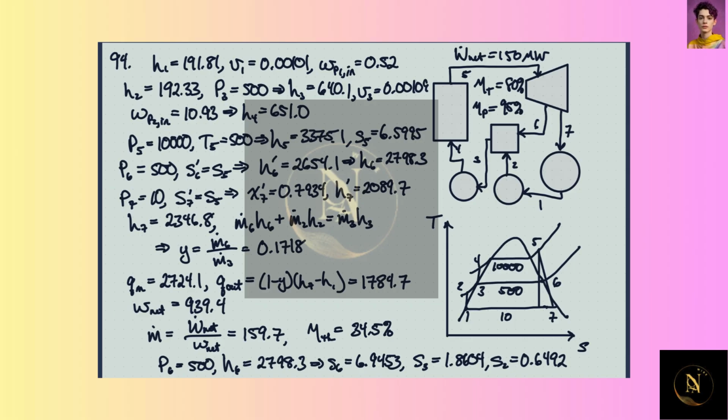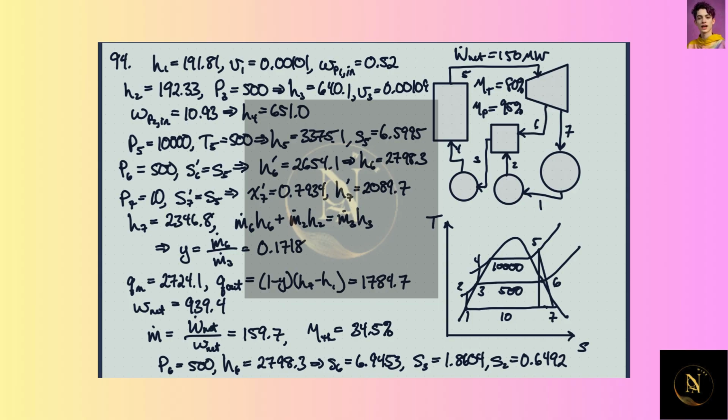And that allows us to find this mass flow ratio of m dot 6, which is this coming off here, to m dot 3, which is what's coming out of here, and which is also what's going into the turbine. So we find out that that ratio is 0.1718, which is basically saying that we're taking about 17% of the steam out of the turbine here at 6.